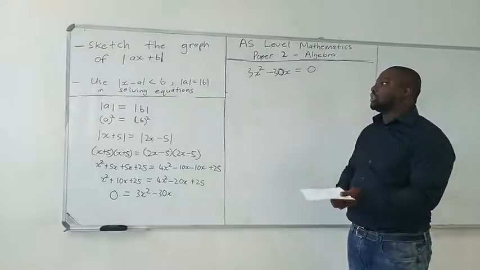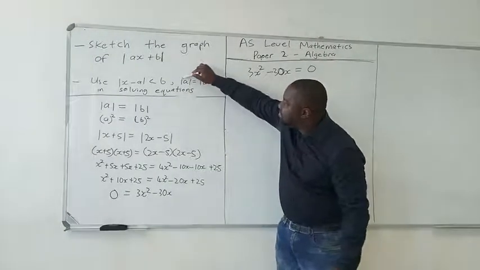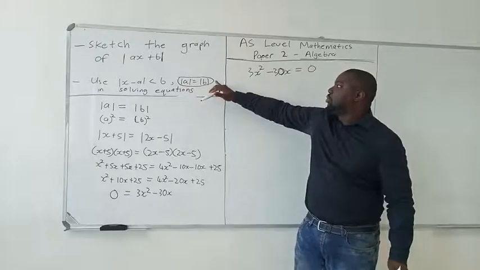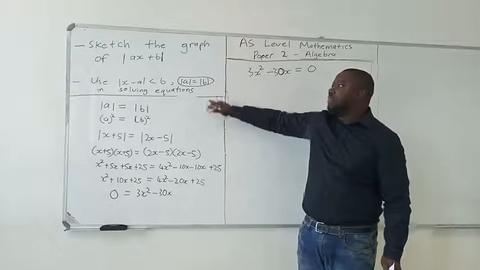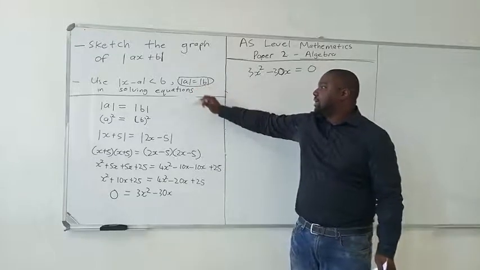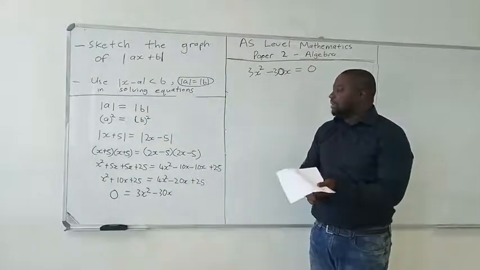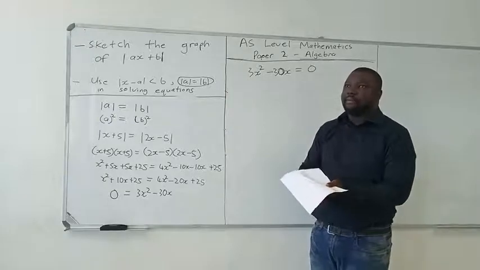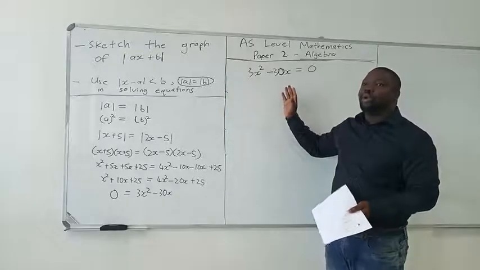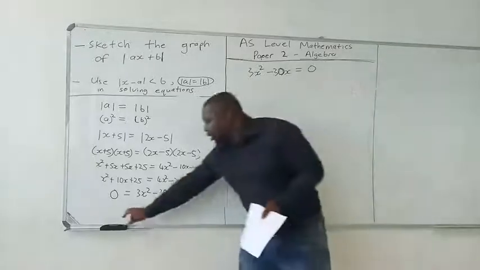So, we have managed to look at this relationship, modulus of A is equal to modulus of B. We have seen that when the modulus appears on both sides, and if there is an equal sign, we just square both sides and simplify. The end result will be a quadratic equation, which we already know how to do.